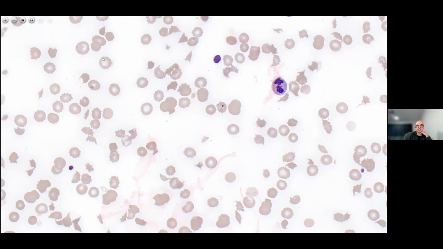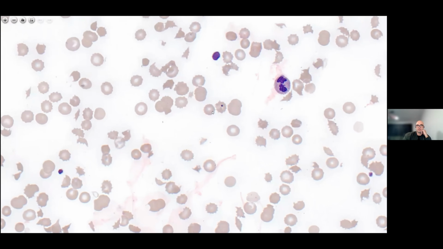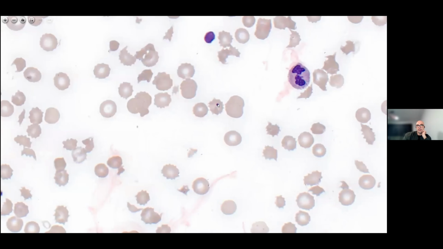And there's lots of these cells with crenation. And also on the blood film, there's this cell here that has this dark purple, more like a miniature nucleus. That's called a Howell-Jolly body.